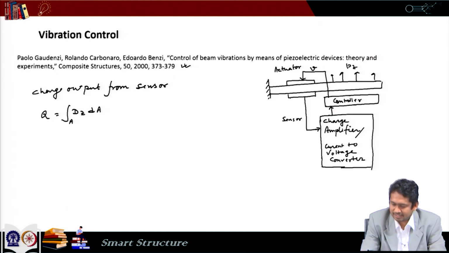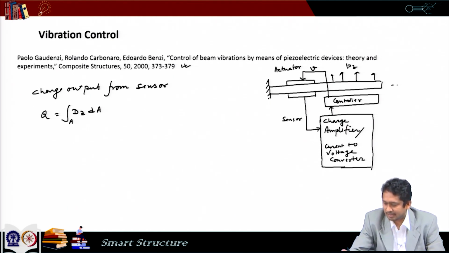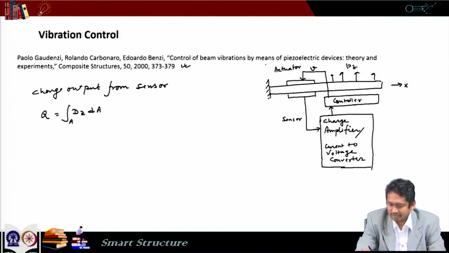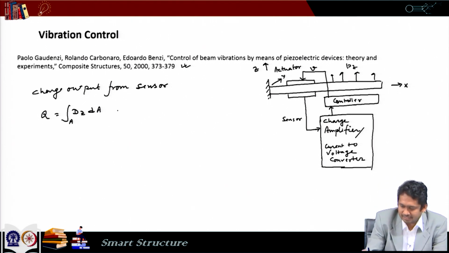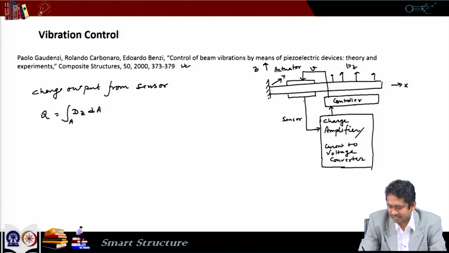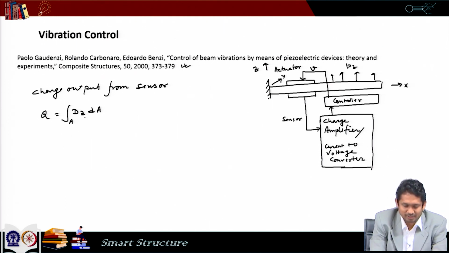So, we have the electrical displacement dz here. Let us call this dimension x, this dimension z, and this y, the same convention that we have been using. The dz here is already oriented along the z axis, which means it is already normal to the xy plane. So, dz integrated over the area gives us the charge output Q.